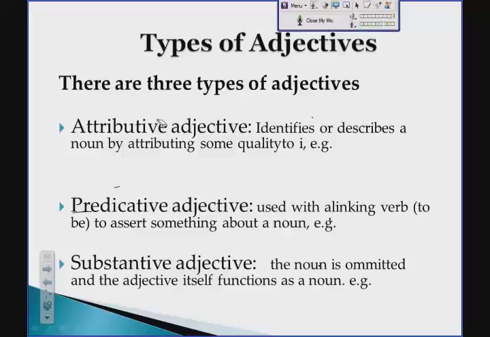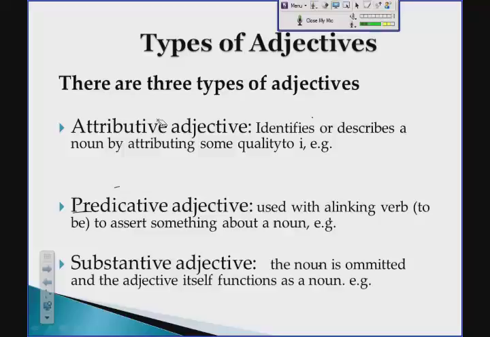The noun is omitted. We don't have a noun, and the adjective itself functions as a noun. Okay? That's the substantive. I will give you an example. The noun is omitted, but then the adjective itself functions as a noun.